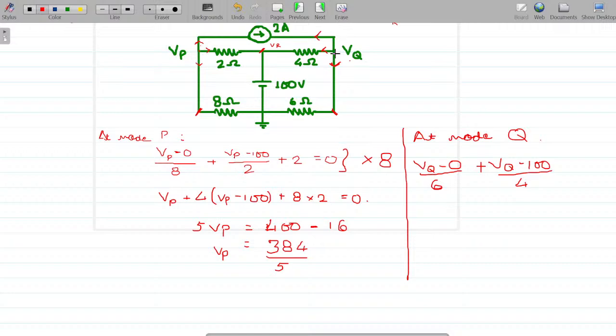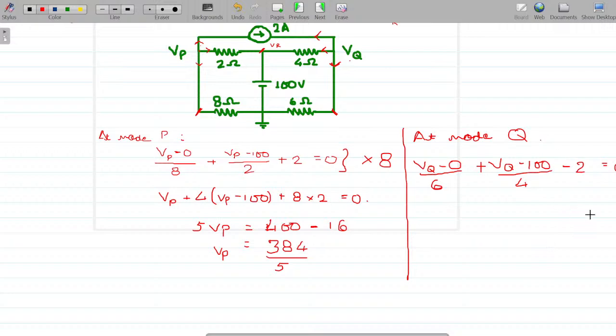And this time remember, we are getting an incoming current. But what is our convention? It is an outgoing current that we have taken. So can I write this to be minus 2 amperes because it is against our convention, right? All outgoing currents sum to zero, but this time the current is incoming.